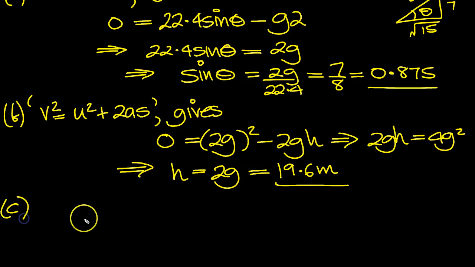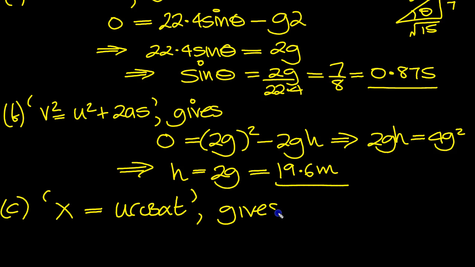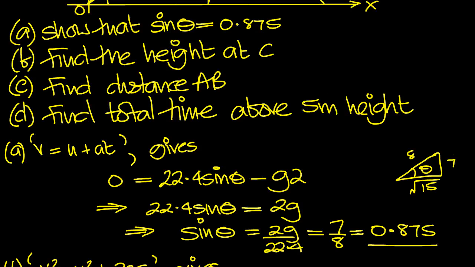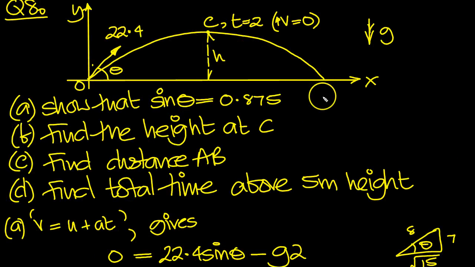So the distance x horizontally is equal to u cosine theta times the time of flight t. For this formula, t is 2 when it's at its highest point, so we can use the symmetry of the flight, so this will be t equals 4.